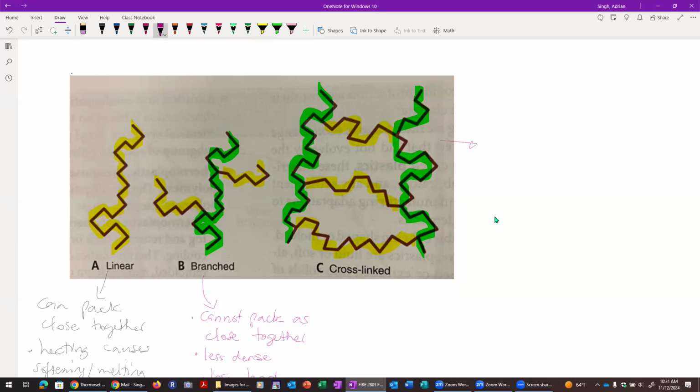So it's very strong. We have increased hardness because of the cross-linking, and it also increases the melting point compared to the branched or the linear polymer. And your cross-linked polymers are typically going to be, instead of thermoplastics as with the branched, thermosets.